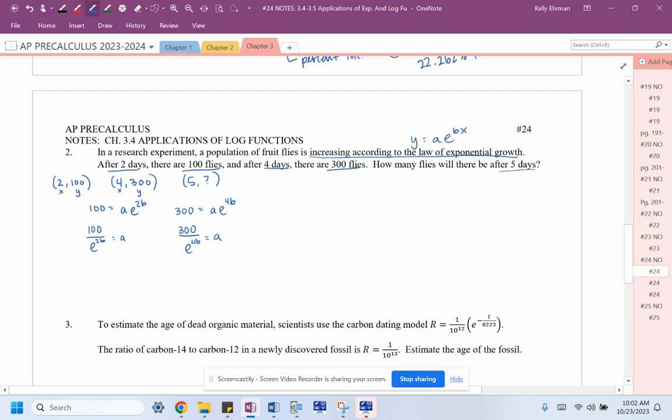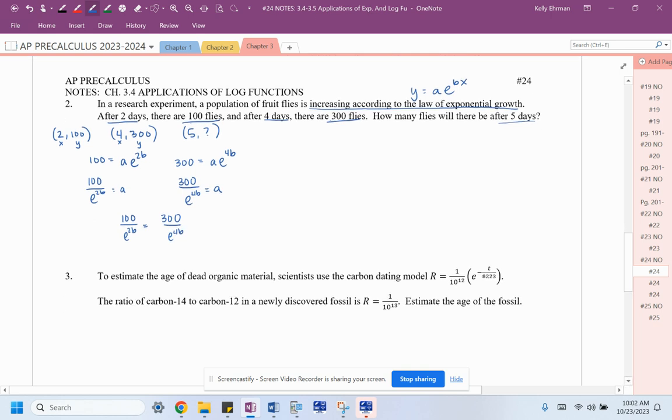If both of these equations are equal to a, then I can set them equal to each other. 100 over e to the 2b has to equal 300 over e to the 4b. This is now a rational equation of sorts that I can solve. I can cross multiply, right? So I can say 100 e to the 4b equals 300 e to the 2b.